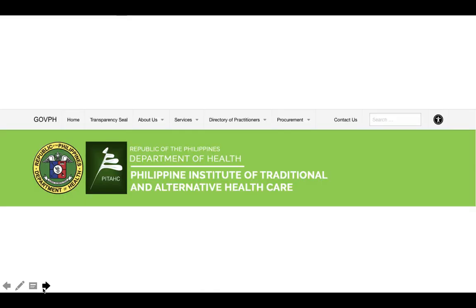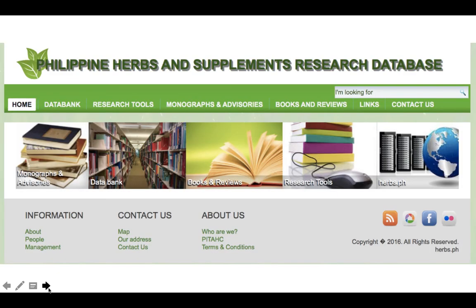Going back local, our Department of Health has a dedicated unit for traditional and alternative health care, the PITAHC, or the Philippine Institute of Traditional and Alternative Health Care. If we take a look at the databases of PITAHC, we can see that it includes monographs and some advisories, some high-level data on medicinal plant research, and some books and reviews.